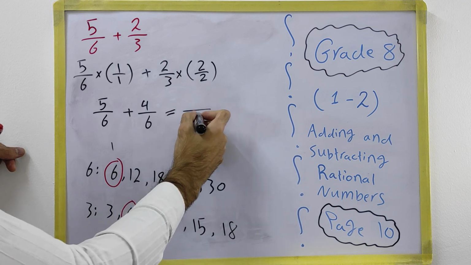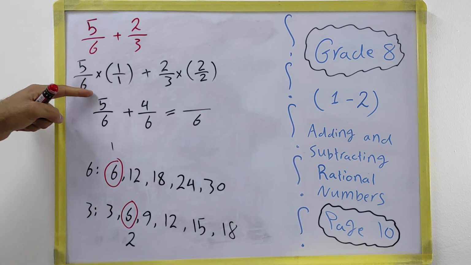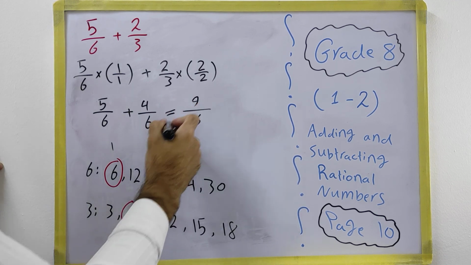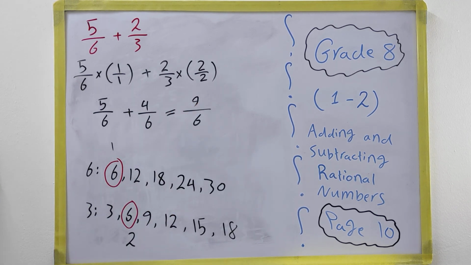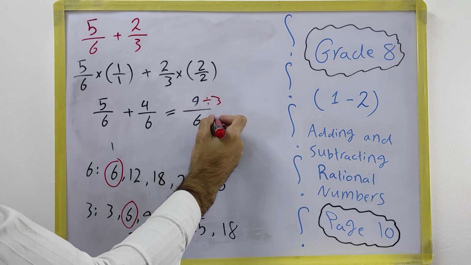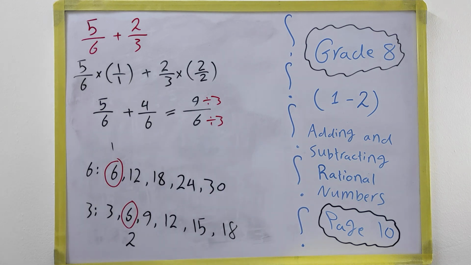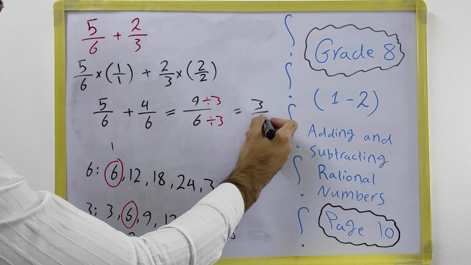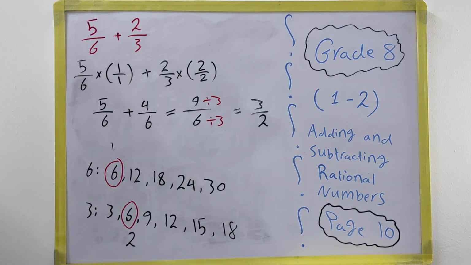We write the same denominator, which is 6, plus between them, 5 plus 4. Directly it's 9. If we simplify by the two ways we did, you can do that. 9 can be divided by 3, 6 can be divided by 3. The result of them is 3 over 2.